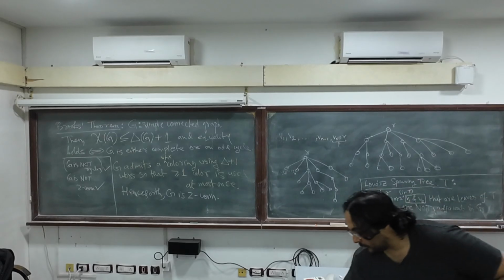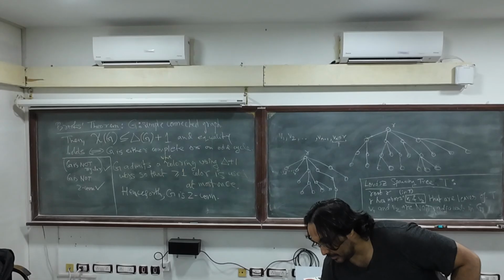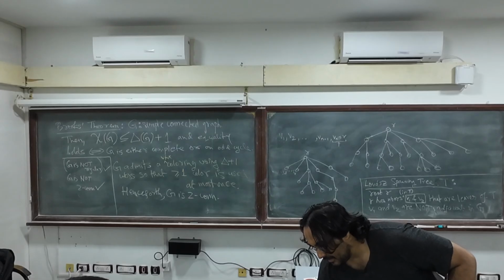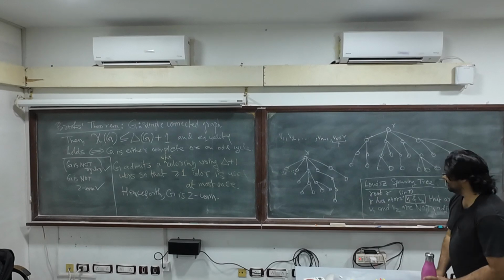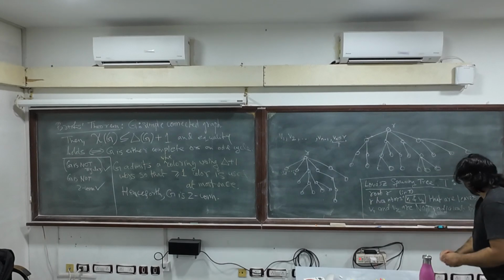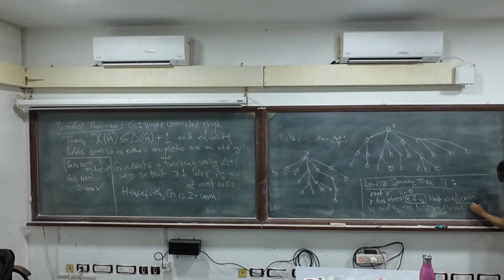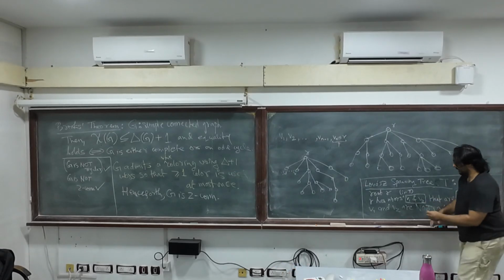For example, this is true for cycles. If I take a long enough cycle, the statement is true. But cycles don't have a Lovász spanning tree. Also pay attention to this. The second point is very important.